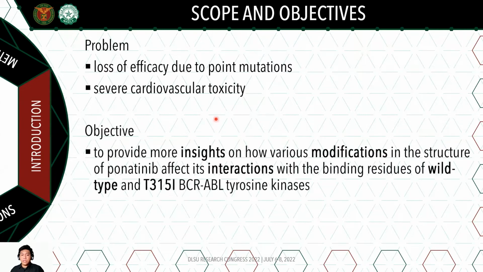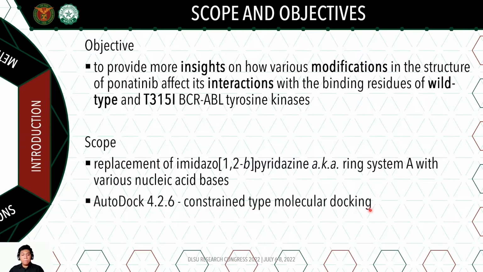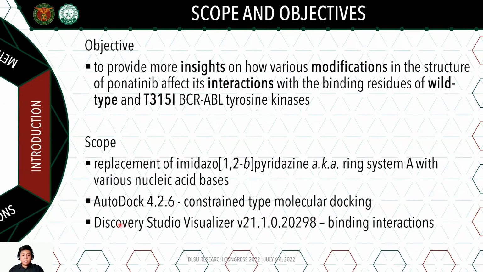So our objective is to provide more insights on how various modifications in the structure of ponatinib affect its interactions with the binding residues of wild-type and T315I BCR-ABL tyrosine kinases. For this paper, we replaced the ring system A with various nucleic acid bases. We performed constrained type molecular docking using Autodock 4.2.6, and we used Discovery Studio Visualizer for the binding interactions.